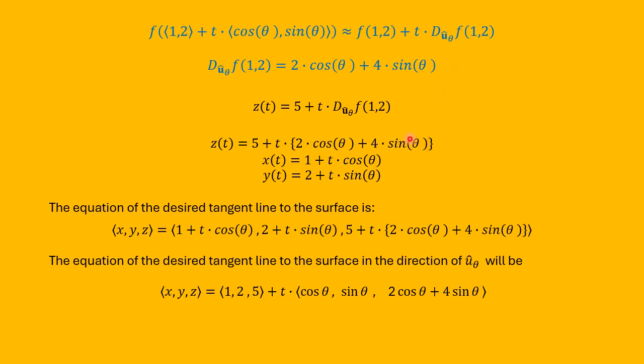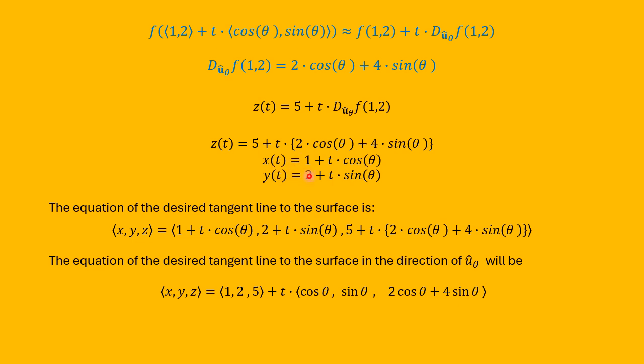So then what we can say is, well, z of t is going to be 5 plus t times that directional derivative. And that directional derivative was equal to this. X of t is just going to be 1 plus t times the x component of our unit vector u, cosine theta.